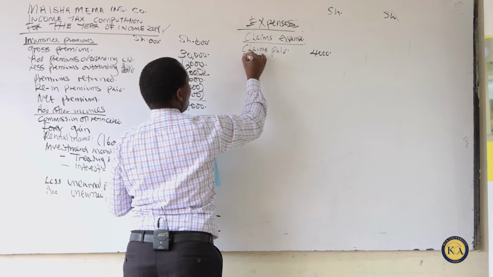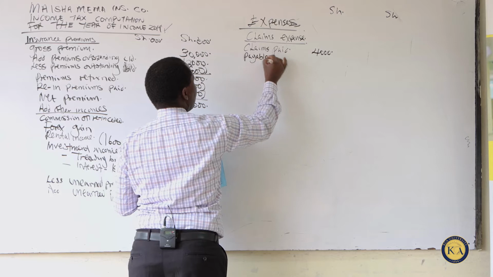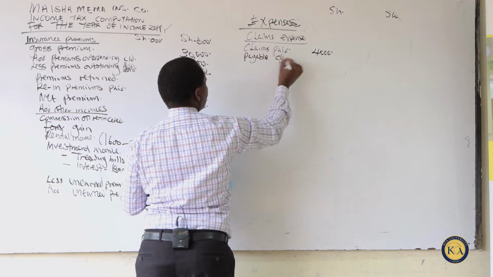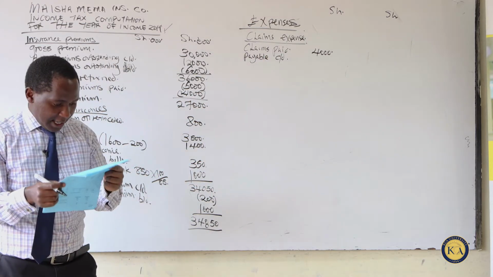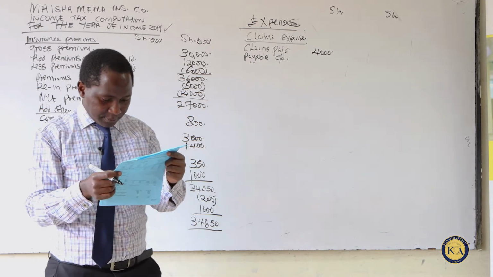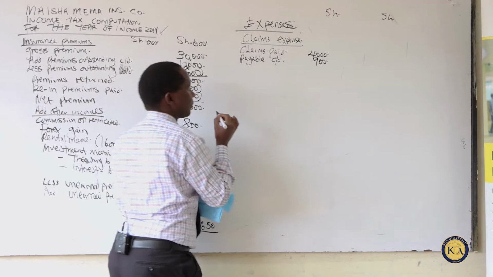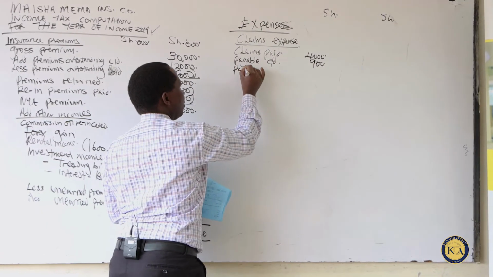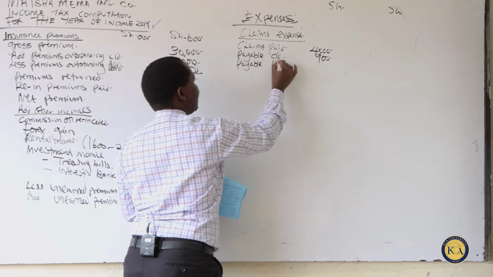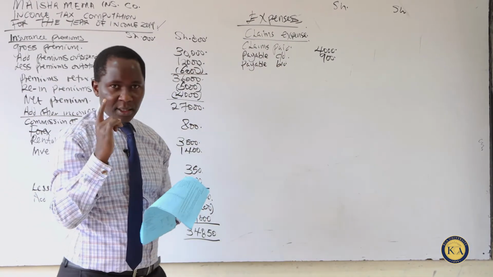Then I'm going to add payable carried down. That is payable at the end of the year. Payable at the end of the year is given as 900. Then I less payable brought down at the beginning of the year.